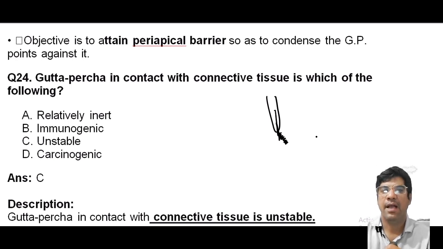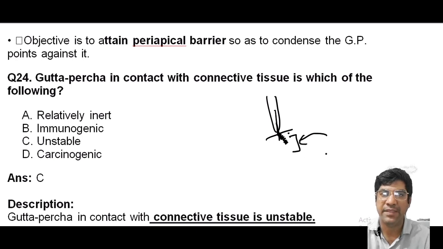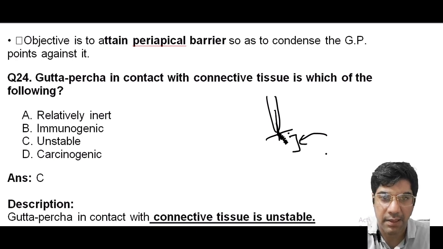So let's say during a root canal procedure, a tiny amount of gutta percha extrudes through the apex of the tooth root and comes in contact with the periapical connective tissue. In this case, the gutta percha may soften or deform due to exposure to the bodily fluids and different temperature conditions outside the root canal.